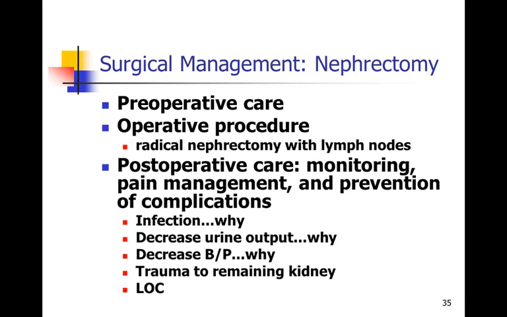Postoperatively, remember the adrenal gland sits on top of the kidneys, and generally they'll remove that adrenal gland. The other adrenal gland will pick up and take care of that, but sometimes they can develop adrenal insufficiency.